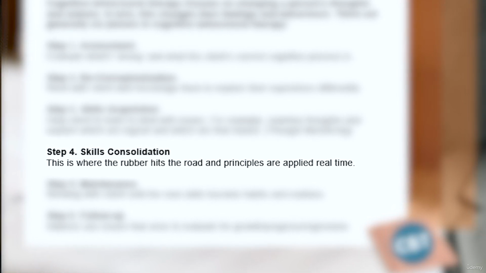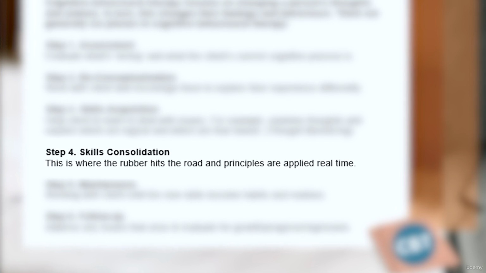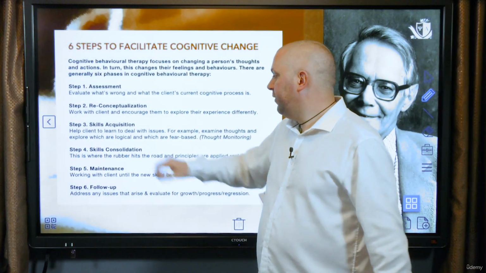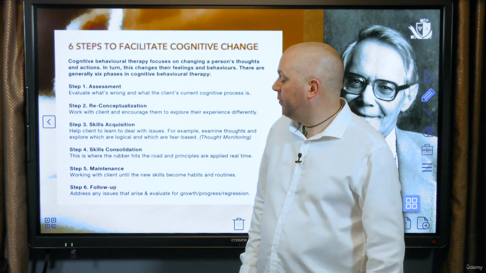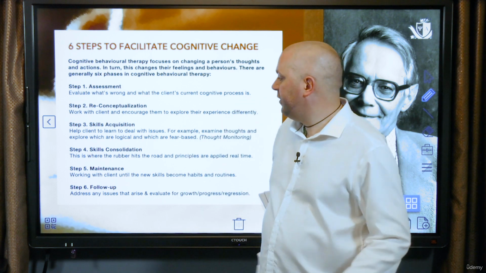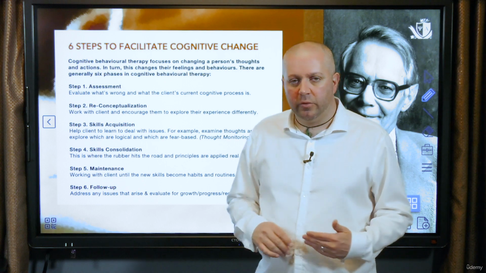Skills acquisition. Teaching them how to analyse and review and objectively critique the calibre of their own thinking and internal processes. Stage 4 or step 4 of this process of facilitating cognitive change. This is where the rubber hits the road, right?